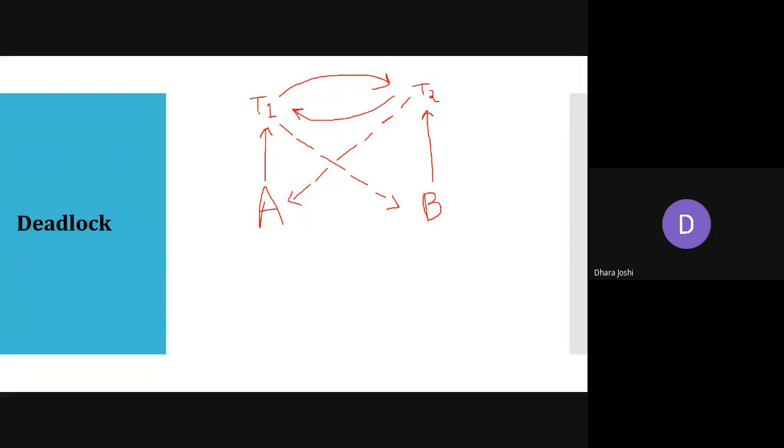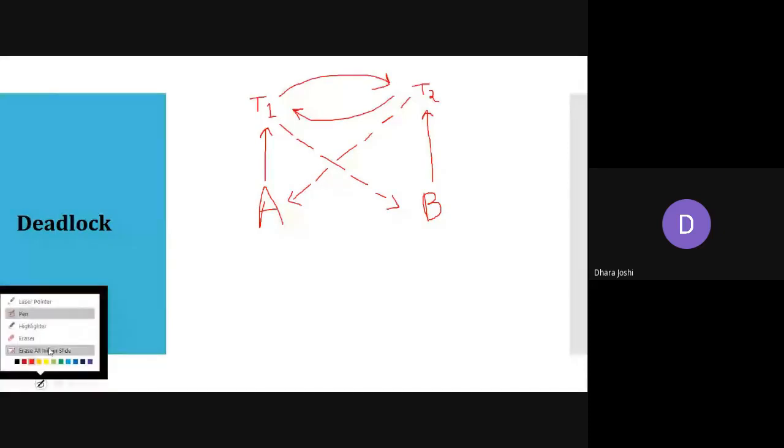Transaction T1 wants B, but does not release A. Transaction T2 wants A, but does not release data item B. So neither T1 nor T2 can proceed or execute normally, and that's why we say there is a deadlock when no transaction can continue with normal execution. They are just waiting for each other, and no one can proceed further. So this is the scenario of deadlock.